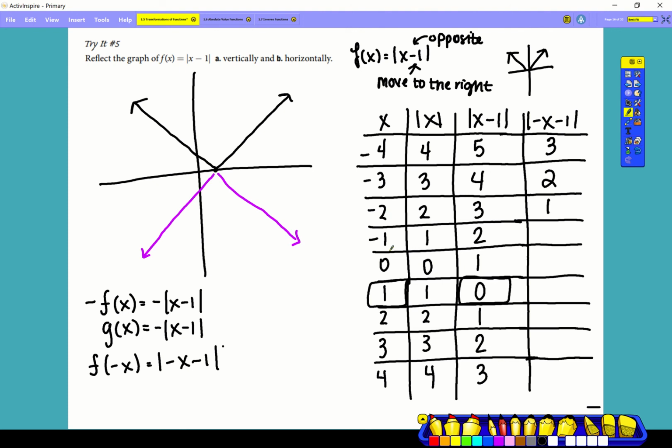When x is -1, we get 1 minus 1, which is 0. When x is 0, we get minus 0 minus 1, which is -1. When it's 1, we get minus 1 minus 1, which is minus 2. And it would just proceed in this fashion.